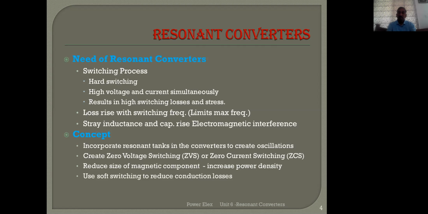This soft switching also reduces the conduction losses. Apart from switching losses, even conduction losses are reduced. So in effect, this allows us to switch a circuit at hundreds of kilohertz and even in the megahertz range.